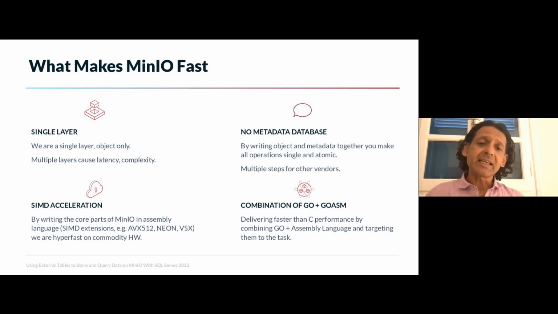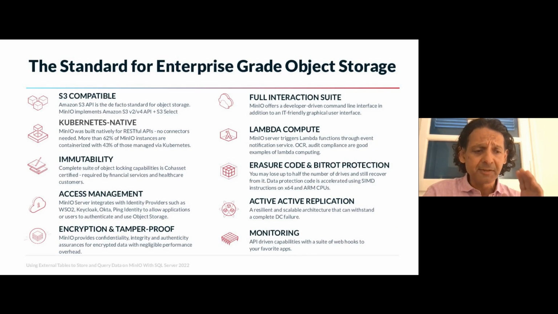There is no metadata database. So metadata is actually part, and Hugo mentioned this as well, is part of the object storage itself. And it combines Go with Go assembly in such a way that the performance is better than what you may find writing a similar type of platform in C.